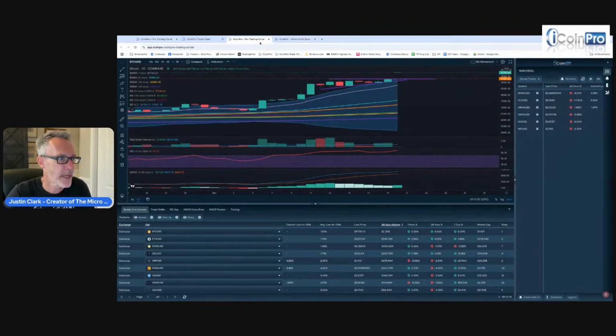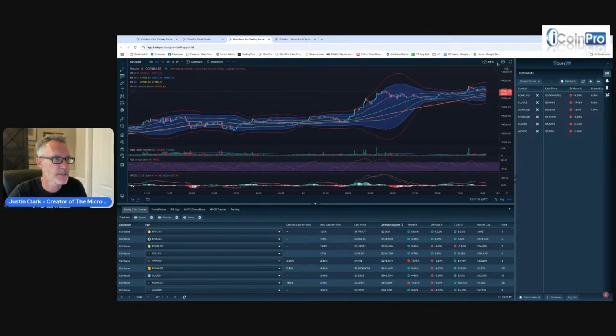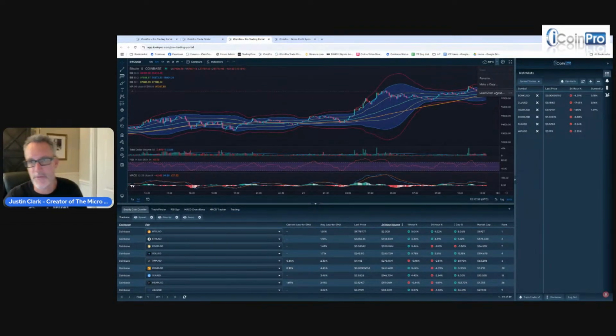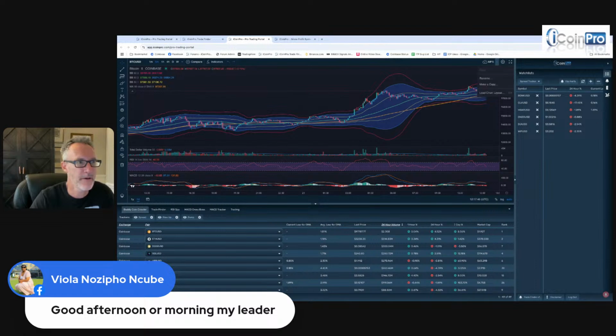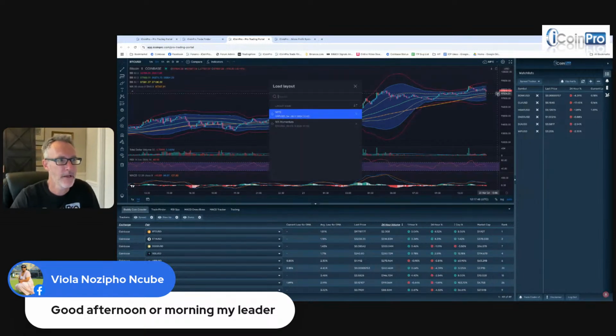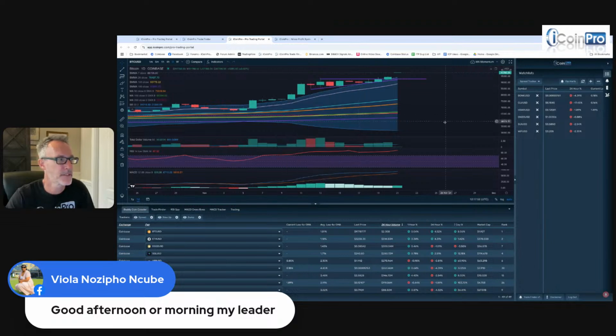So I'm going to quickly describe this chart setup for everybody, just so we can see exactly how it works. If you have the iCoinPro trading portal, which is our software we created to trade with this system, you can go right into this little down arrow caret, click load chart layout, and click on MA Momentum. And this is going to load this chart layout.